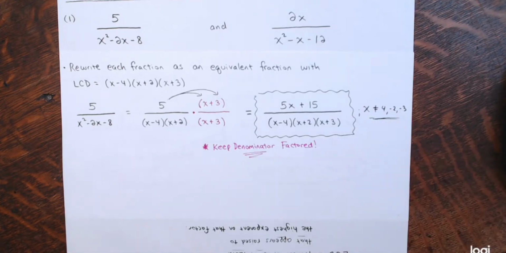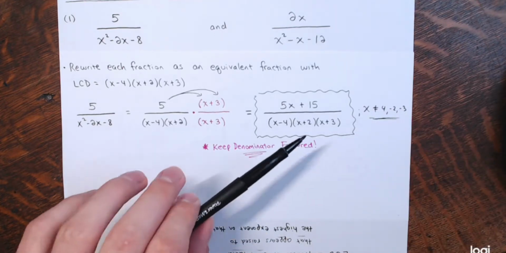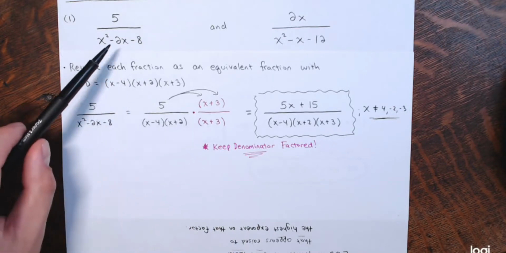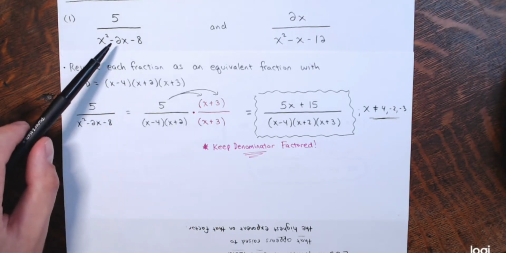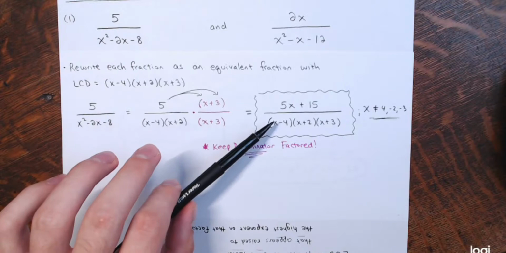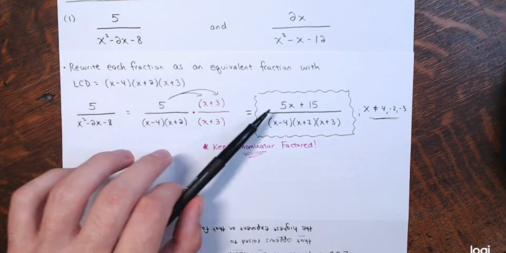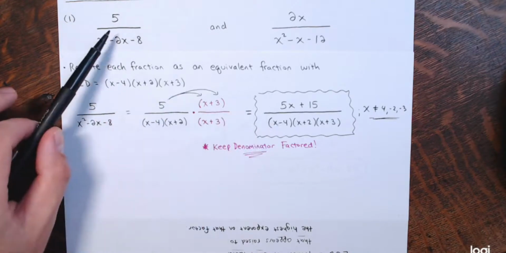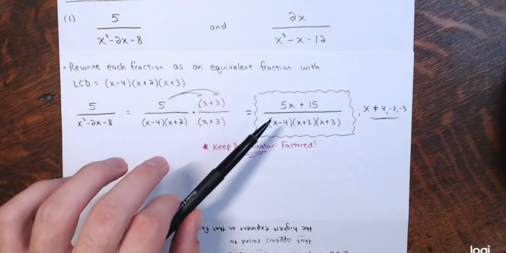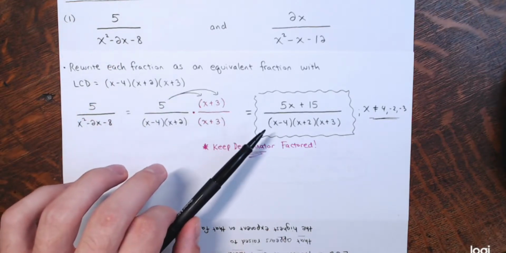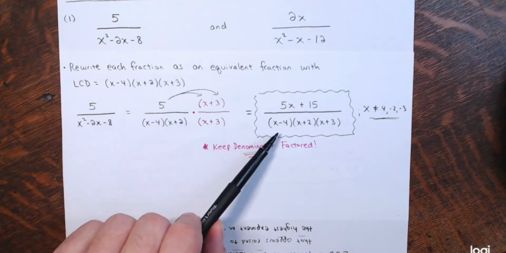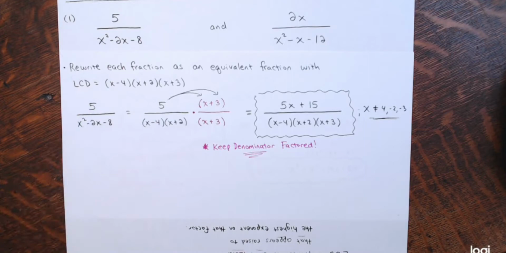But if you replace x with any other number, this fraction that we started with will have the same value as this fraction. They are called equivalent fractions. They have the same value for every allowable value of x. And the denominator is now the LCD: x minus 4 times x plus 2 times x plus 3.